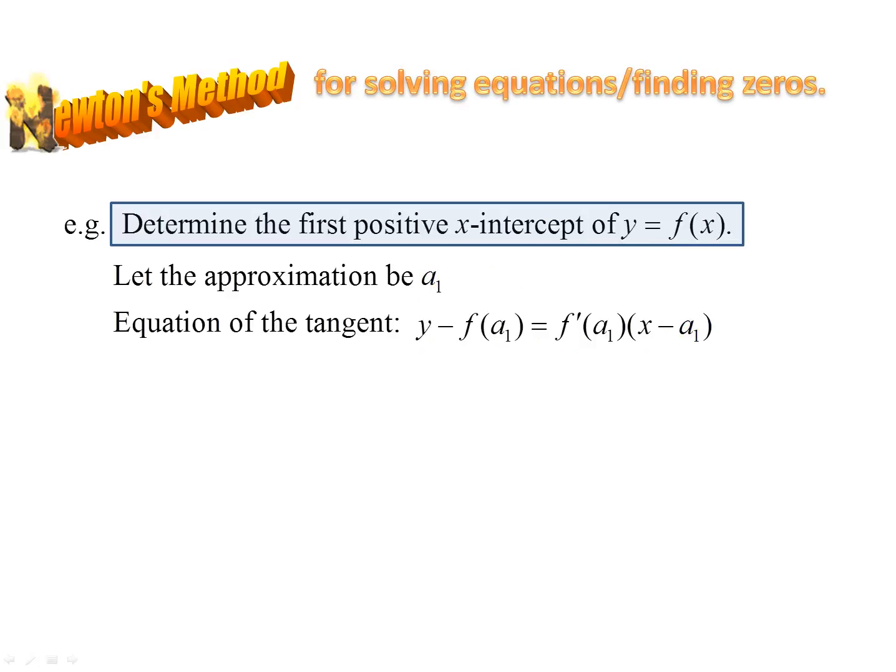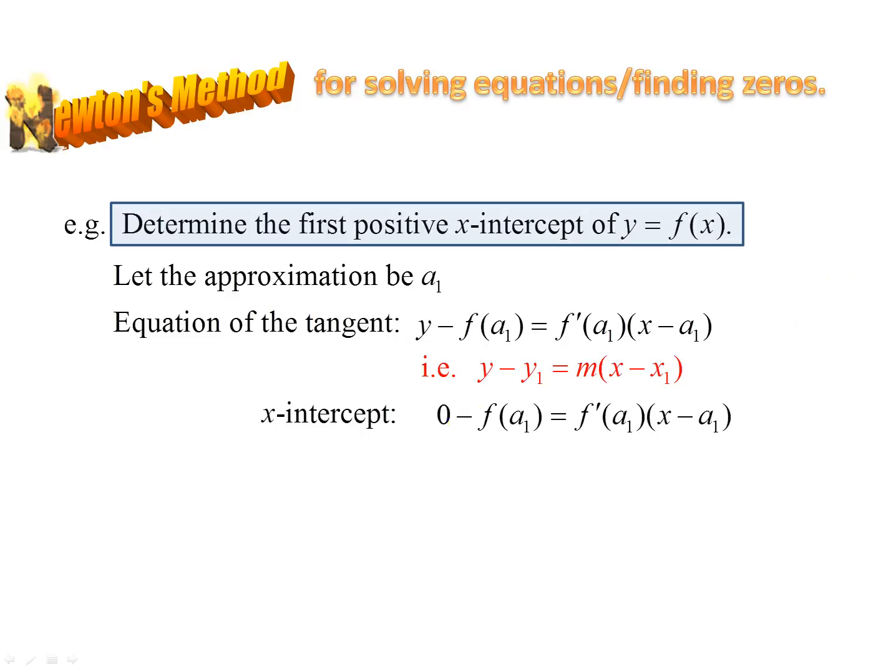If I now find the x-intercept, I'm now going to put y equal to 0. There we are. y is equal to 0. And let's solve for x. So step 1, well, that 0 doesn't have to be written. I'm going to divide that into here. So I'm going to have f(a1) over f'(a1) equals x minus a1.